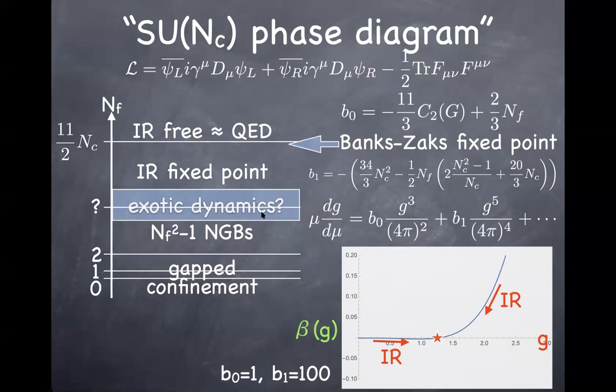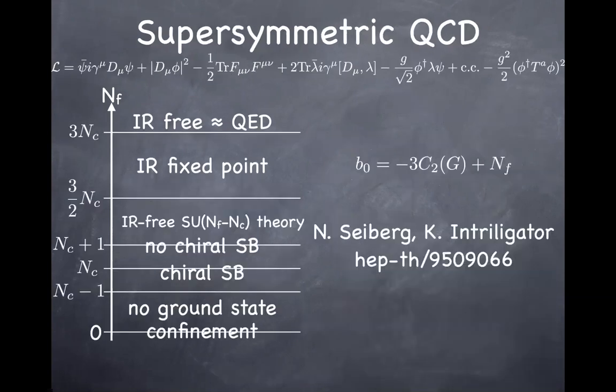You know, we don't really know, but I do have a next slide where we think we know what's happening. That's the case when we actually make this theory supersymmetric. When you make the theory supersymmetric, you have a superpartner of the gauge boson, which is called the gaugino. So this lambda is meant to be the gaugino, which is a fermion in the adjoint representation, because it has to have the same quantum number as the gauge boson, which is in the adjoint representation.